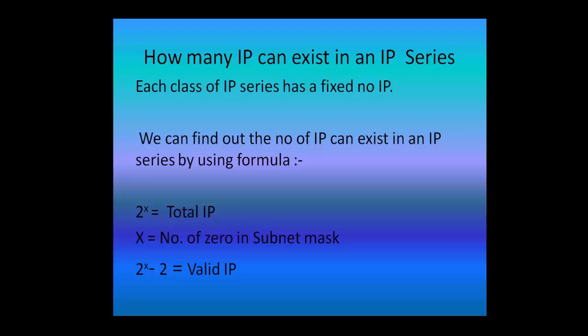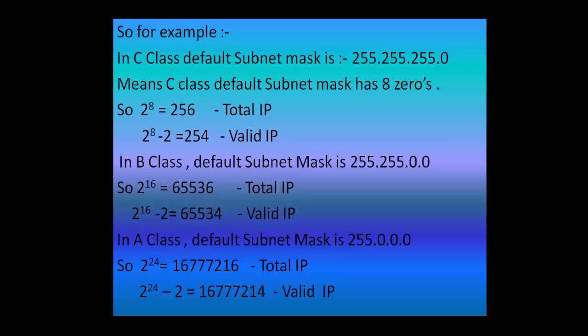We have to do the setup of 200 machines only, 200 devices only, or we have to set up a network with 10,000, 50,000, 10 million machines, devices. So which IP class do we choose? We choose A class, we choose B class, we choose C class. So in a C class, the default subnet mask is 255.255.255.0.